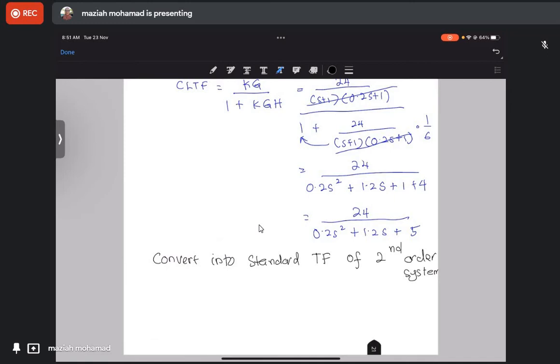So we need to convert it into the standard form of a second order system transfer function. Here we have 0.2, so we need to divide by 0.2 because we want to make sure that the coefficient for s square must be 1. So we divide all the terms by 0.2.